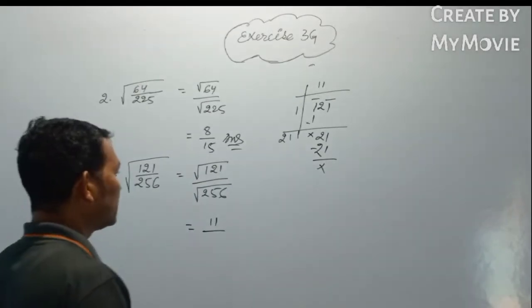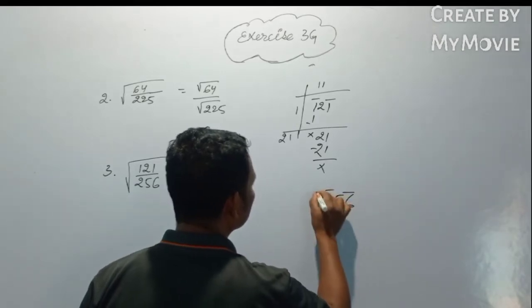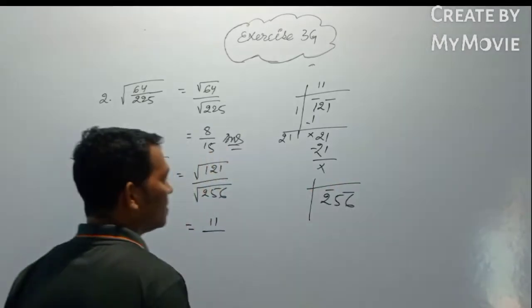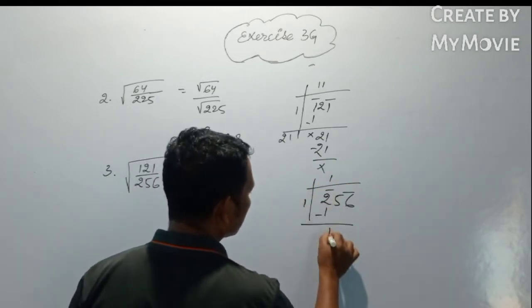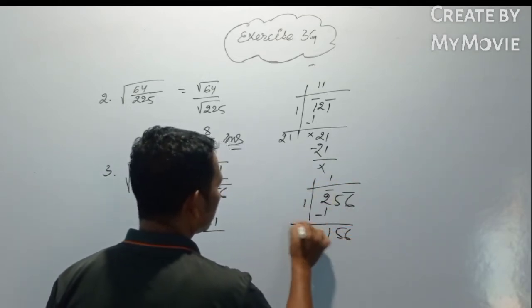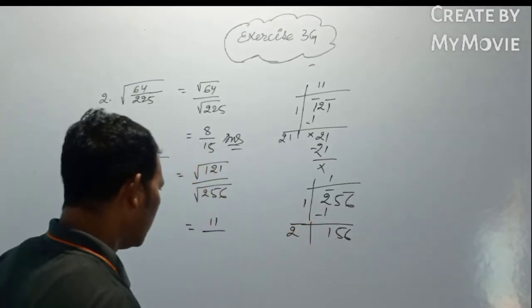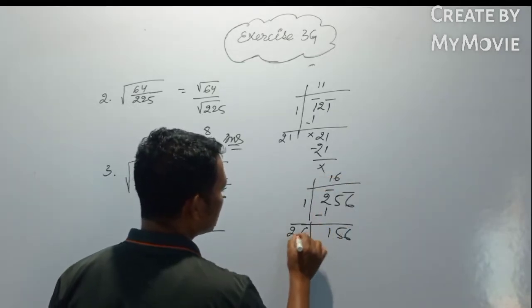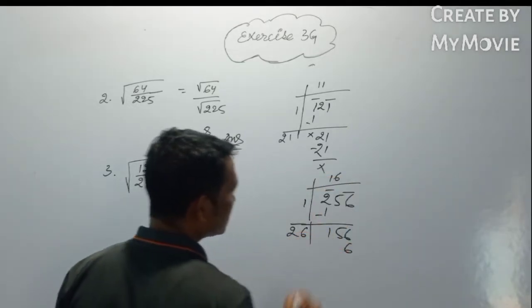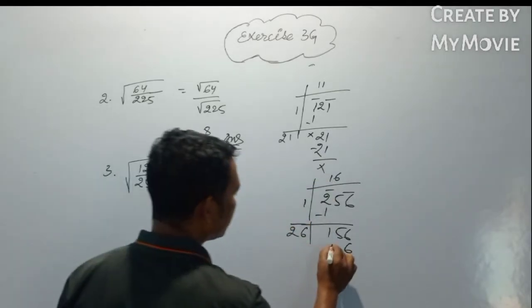Similarly, find out the square root of 256. 1 1 is 1. 1 plus 1, 2. Now here we have 6. 6 6s are 36. 6 2s are 12. 12 plus 3, 15.